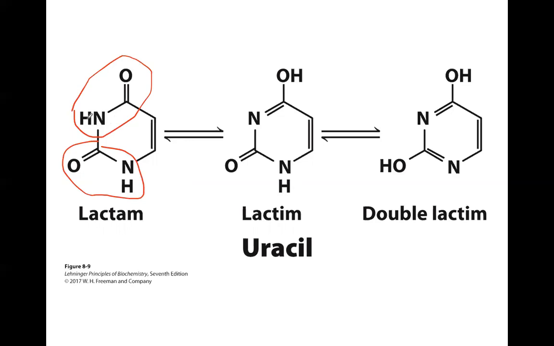Now, if this oxygen uses electrons to grab the proton, the electrons from the nitrogen move towards the carbon, and electrons from the oxygen become the lone pair on the oxygen. Then you form the lactim. Lactim is the mono-lactam, mono-enol form.